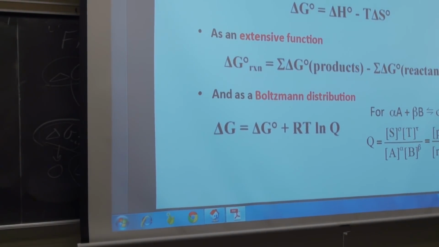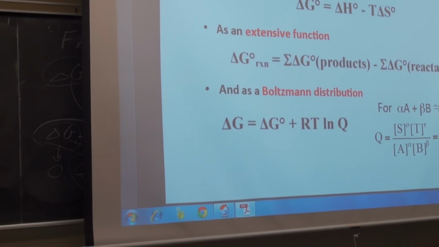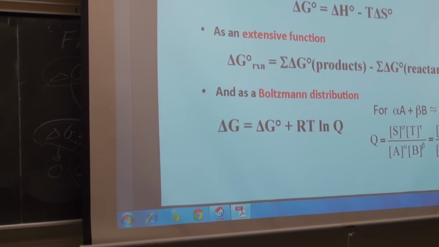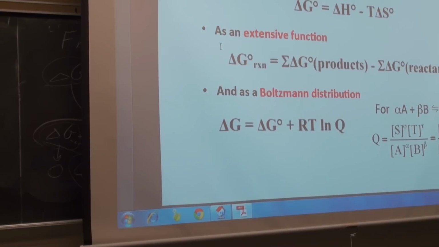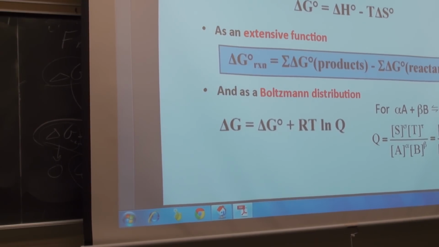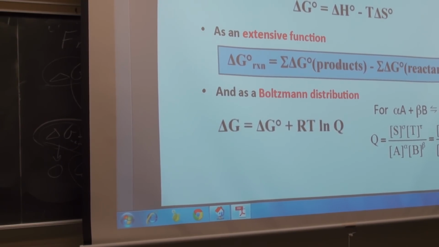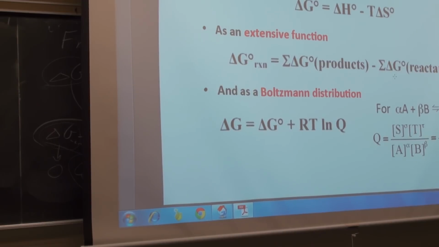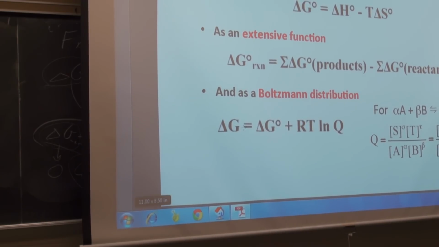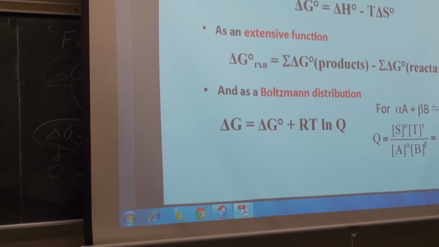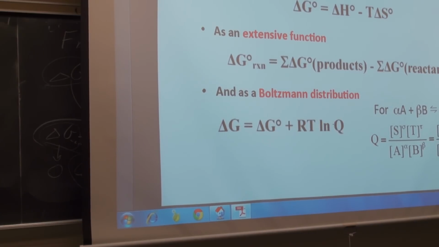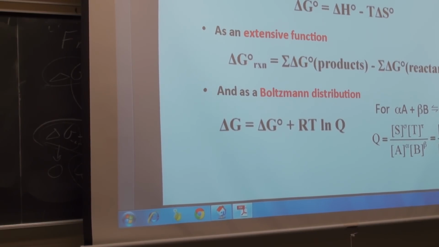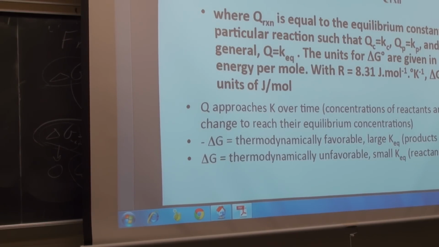So we know delta G0 is delta H0 minus T delta S0. And we have delta G0, so we can sum our reactants and products right here, just like we know for delta S0 or delta H0. And then we have that delta G is a function of both delta G0 and Q, and we have the definition here. And so you can march this through on slide 5.